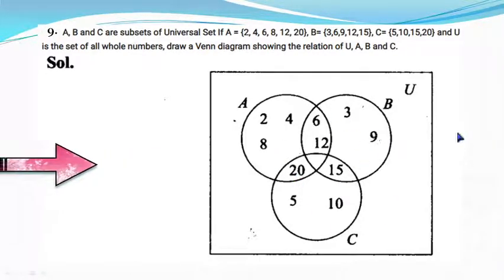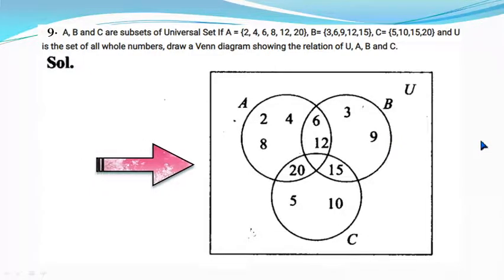So this is the Venn diagram representation of the given sets.